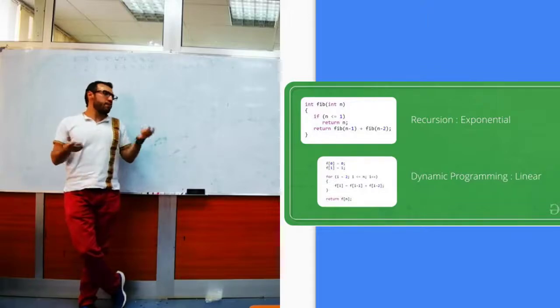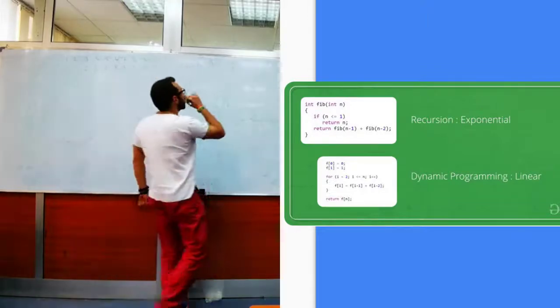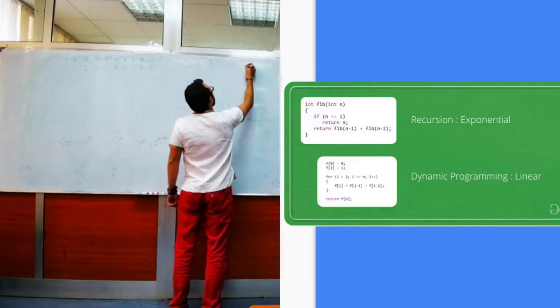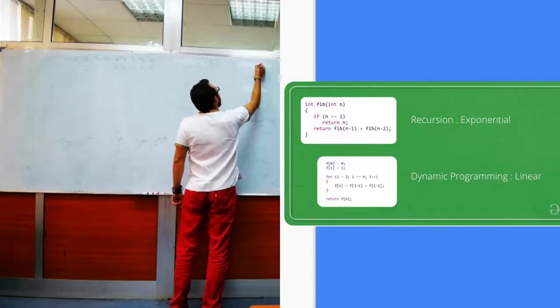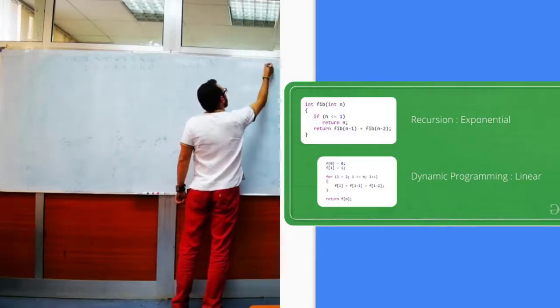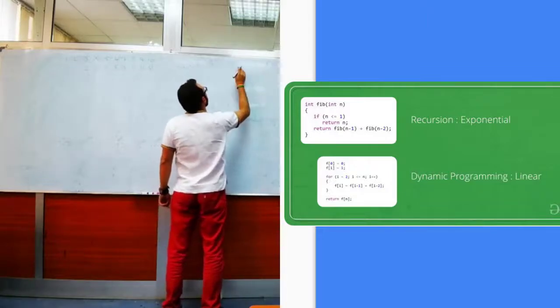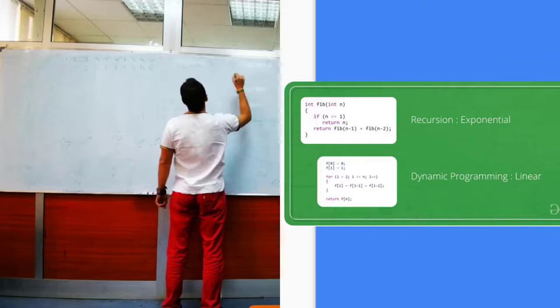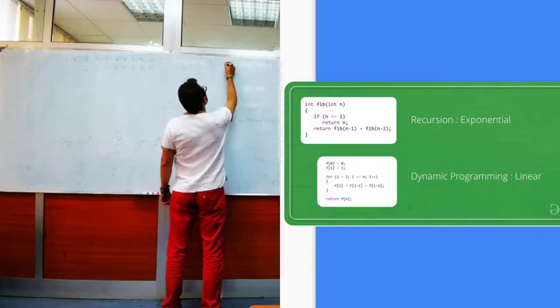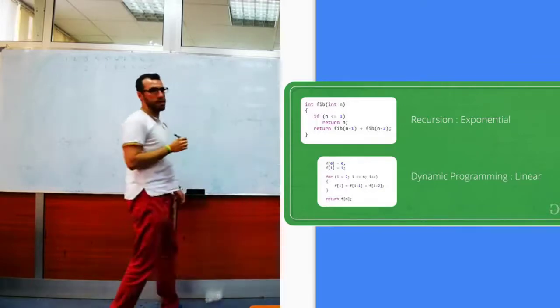The first two numbers are 1, right? So we can say if n is less than 3, our solution is just 1.